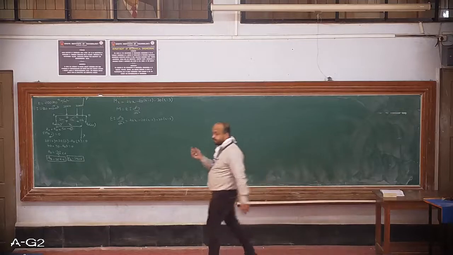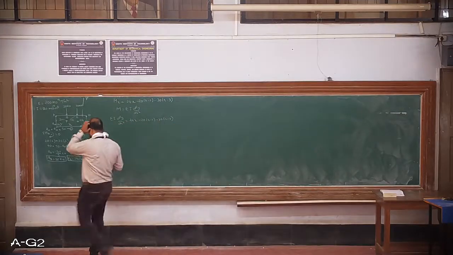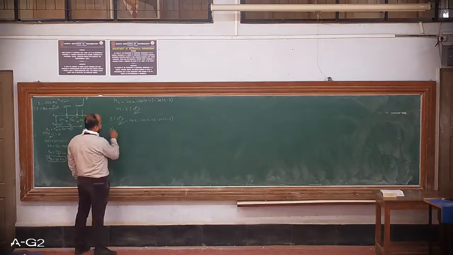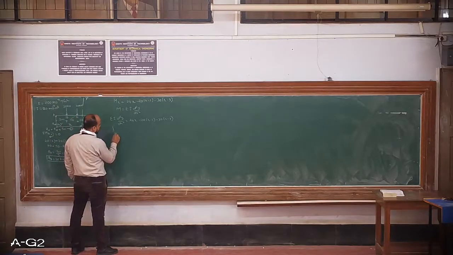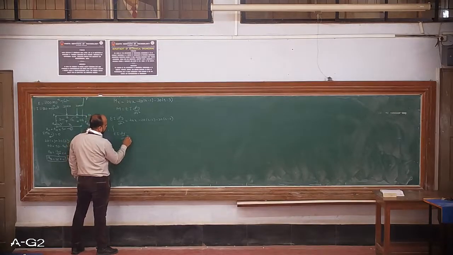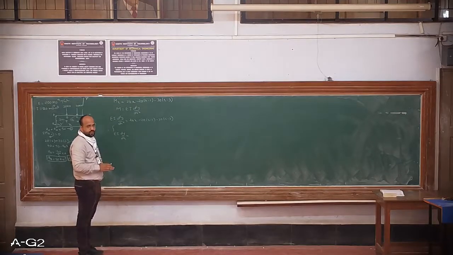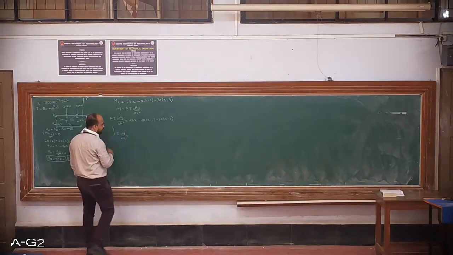Now, from the generalized deflection equation, what I want is deflection and slope. For that, I should integrate. EI dy by dx is equal to 24 into x. 24 is constant. What is the integration of x? x square by 2. 2 and 24 will get cancelled.